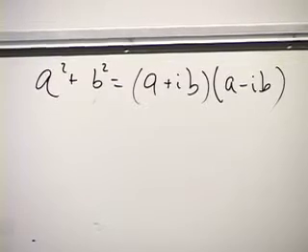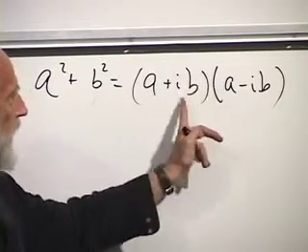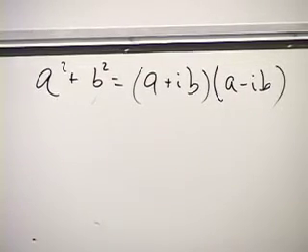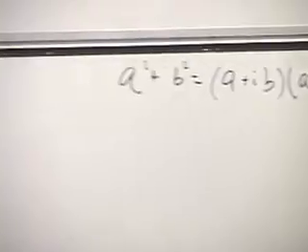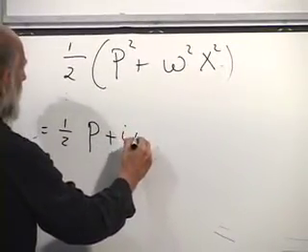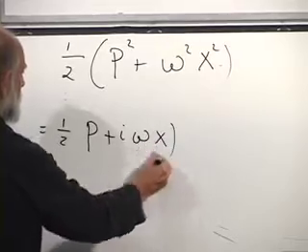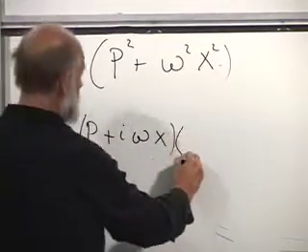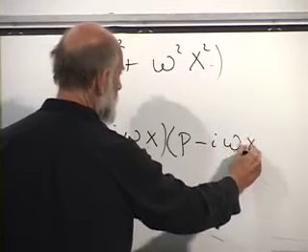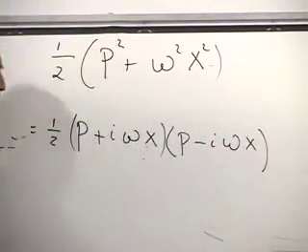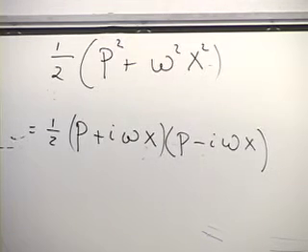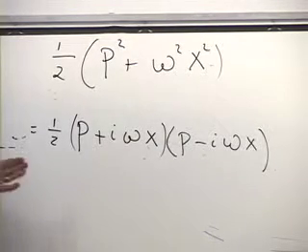A squared minus i squared b squared, that's plus b squared, and the cross term cancels out. Okay, so let's write this in the form p plus i omega x times p minus i omega x. I haven't done anything. I've just rewritten the sum of squares in a different form.